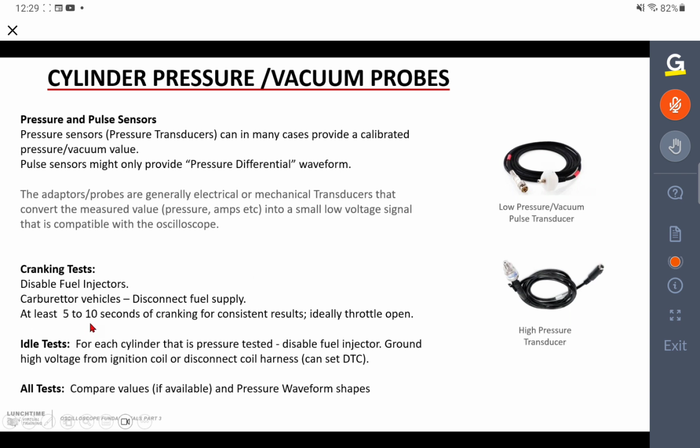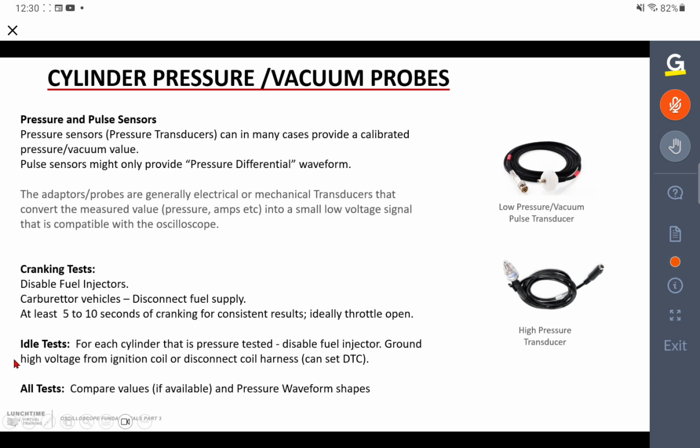Ideally, we want to run a cranking test for at least 5 to 10 seconds so that we can get some consistent results. And in most cases, we want to do a cranking test with the throttle open. Some of the tests we can do with the throttle closed, but quite often you want to do it with the throttle open.